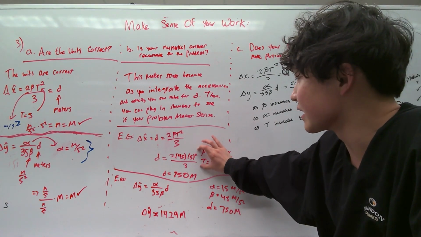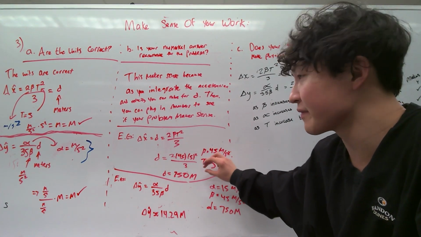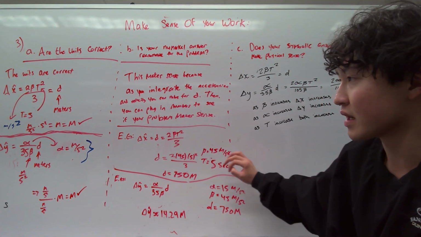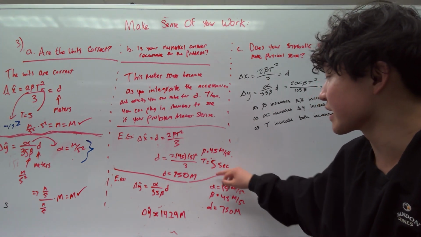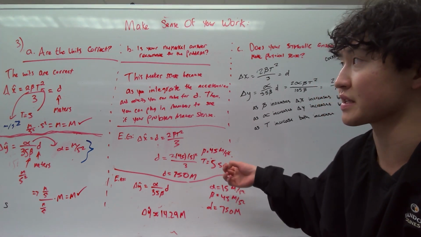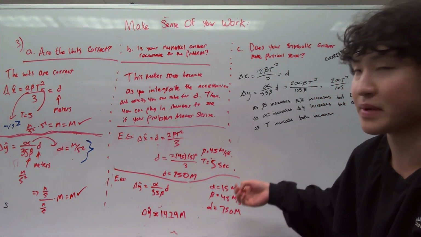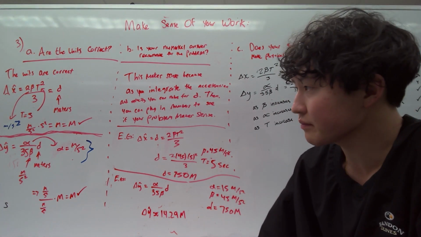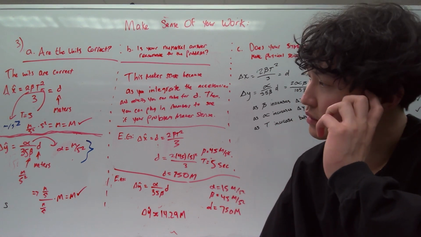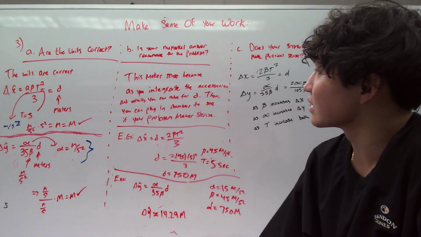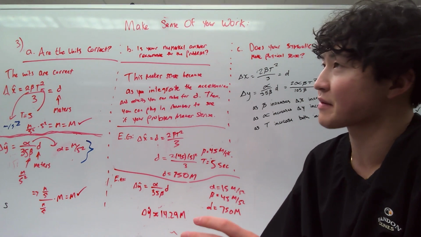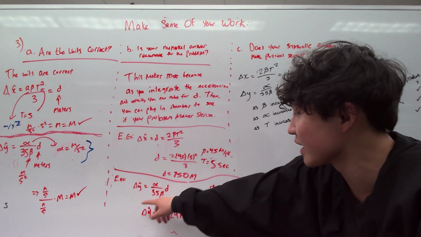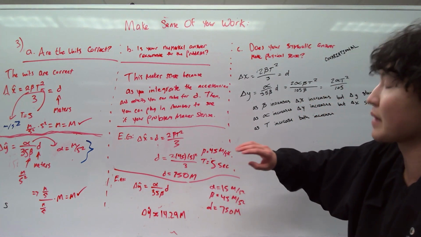After plugging all of that in, we got 750 meters, and it would make the most sense because you take 5 times 2, which is 10 seconds, and in 10 seconds of it being in the air, it can travel 750 meters, which is equivalent to 7.5 soccer fields.